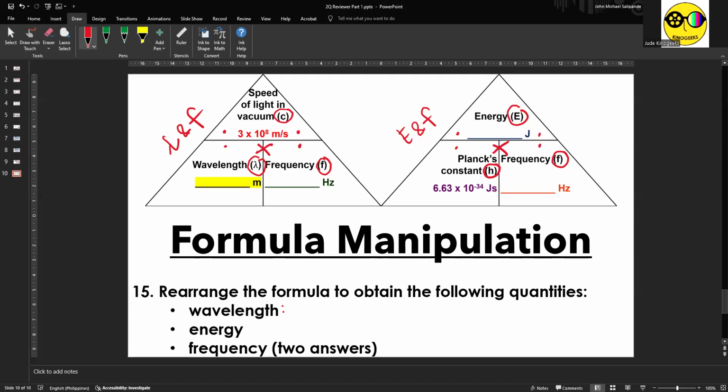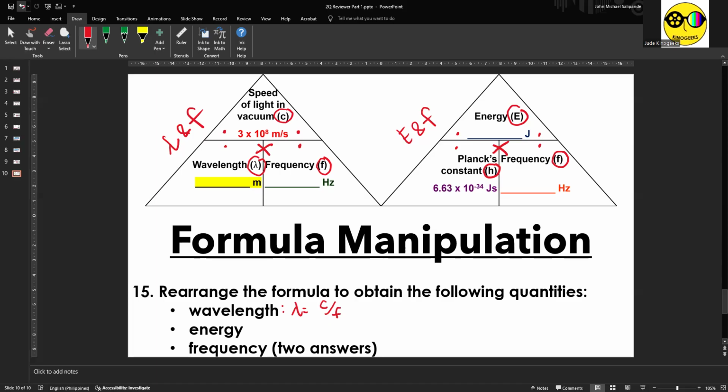So for wavelength, represented by lambda, you have the speed of light in vacuum on top divided by the frequency at the bottom.